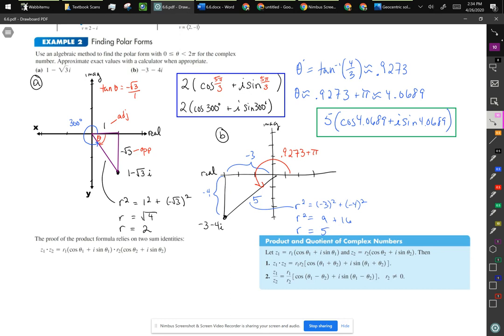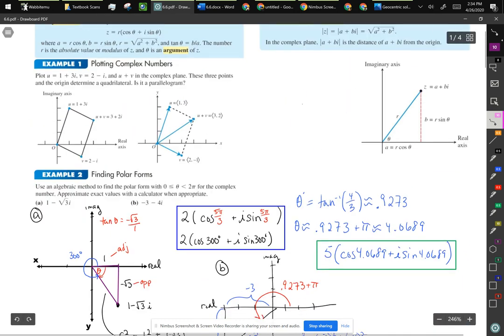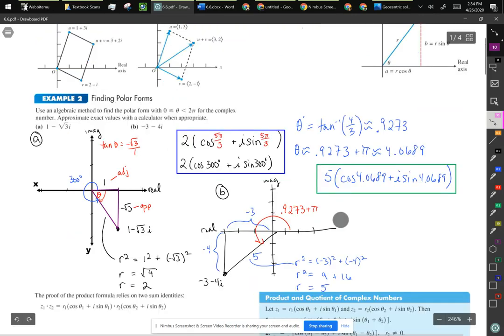It's really cool once we apply it, because you'll see how much easier it is to do complex number multiplication and division, because addition and subtraction are super easy. Take a look at example 1, right over there. Addition and subtraction are super easy, but multiplication, not so much.